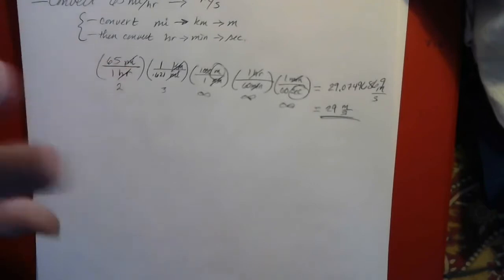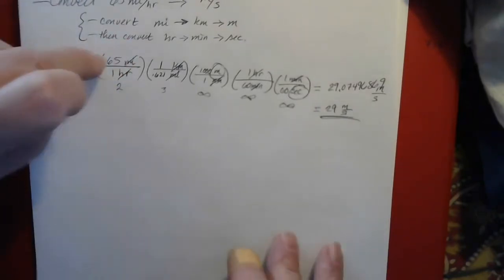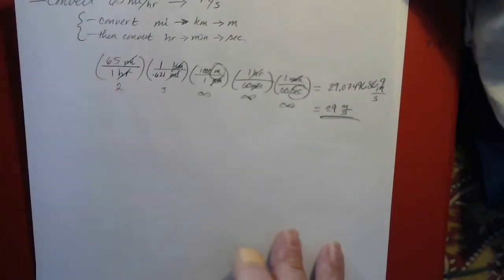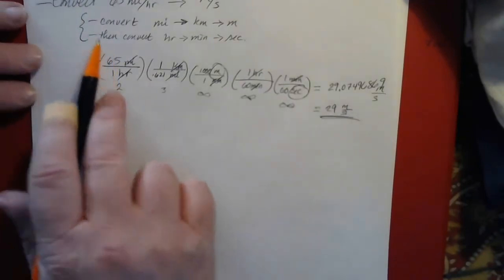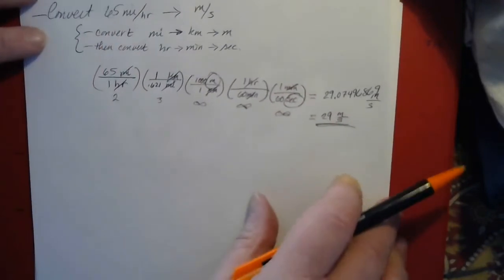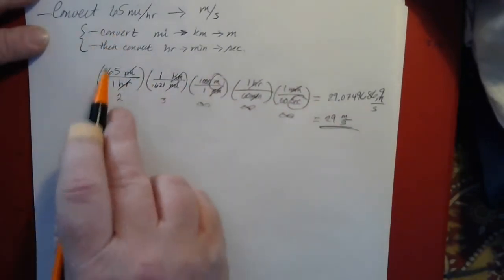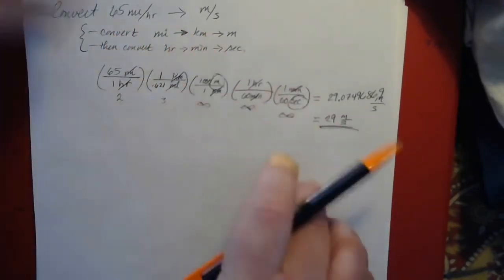This is a very useful and valuable thing to know how to do, because there are cases where you can't make any shortcuts around it. Like, for instance, if you have to convert a density from one unit to another or something like that. Actually, though, with speeds or velocities, there are shortcuts around doing it this way.